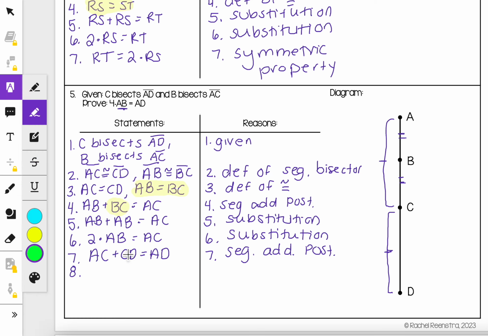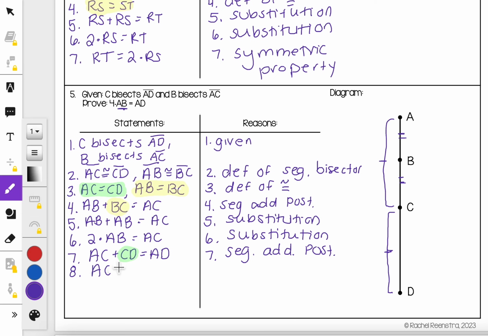CD was the same as AC, right? So I can say that this is AC plus AC equals AD, using substitution. So this equation is 2 times AC equals AD, using substitution.